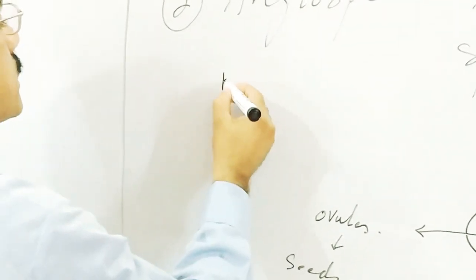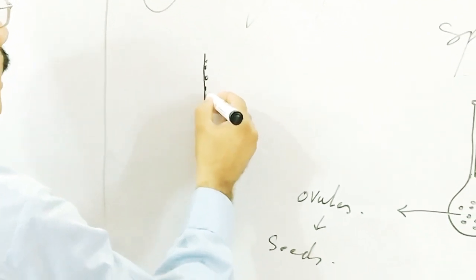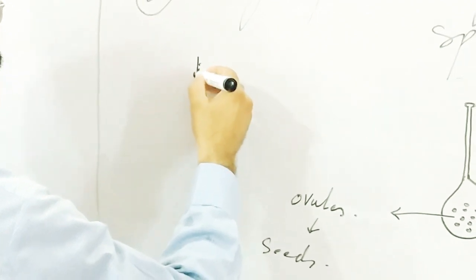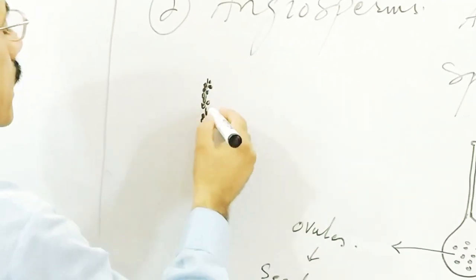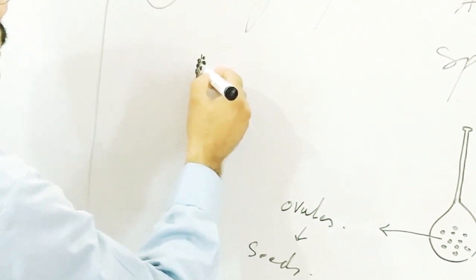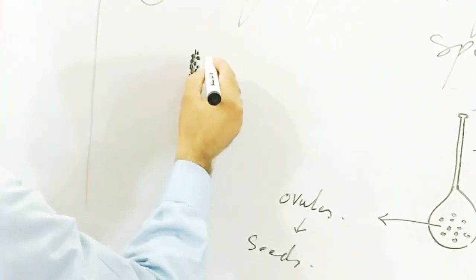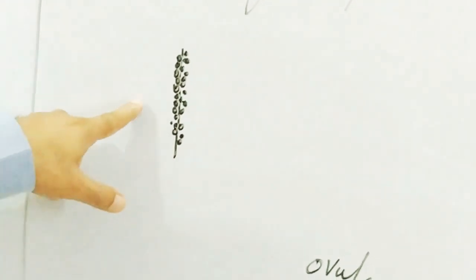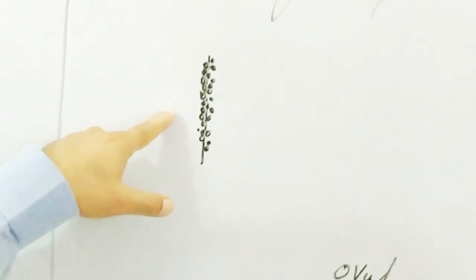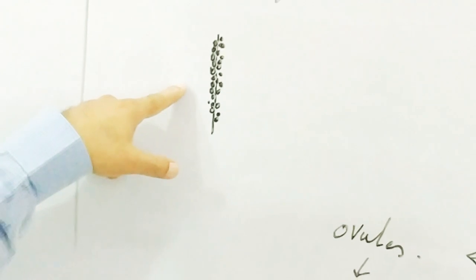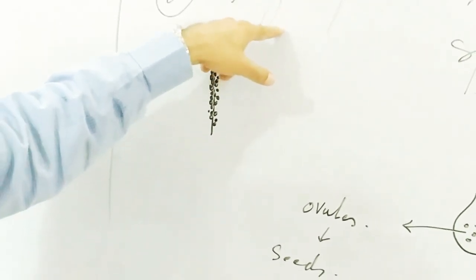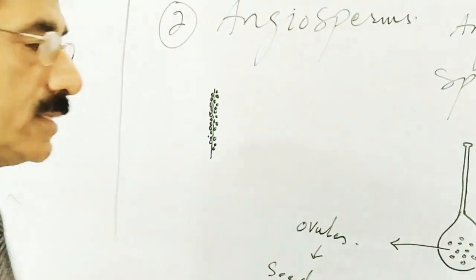On this structure the naked ovules are attached. That is, these ovules are not covered by the ovary. Because of the absence of the ovary, the seeds are uncovered or naked seeds. This is found in gymnosperms, and angiosperms have an ovary as well as ovules.